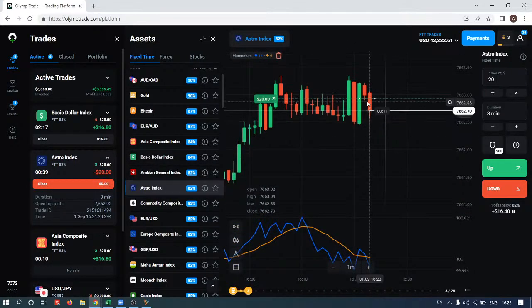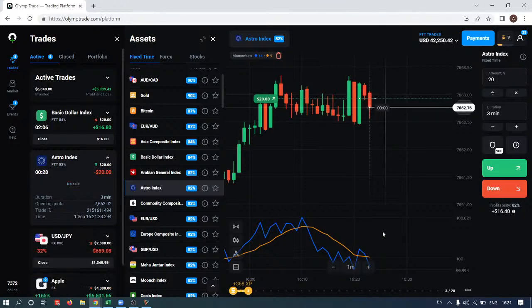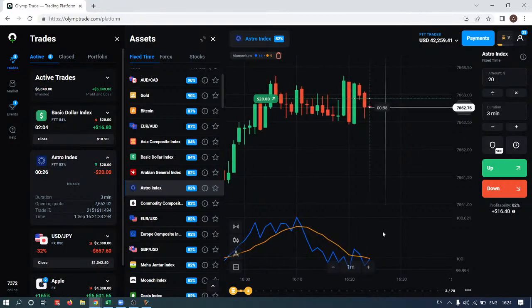So what happened to Astro? Well, the candlesticks are pretty big. We saw this up signal and now it's a down signal, but since these recent signals contradict each other, I will just stay away. I will wait for my current trade to close and I will not open any next trades.